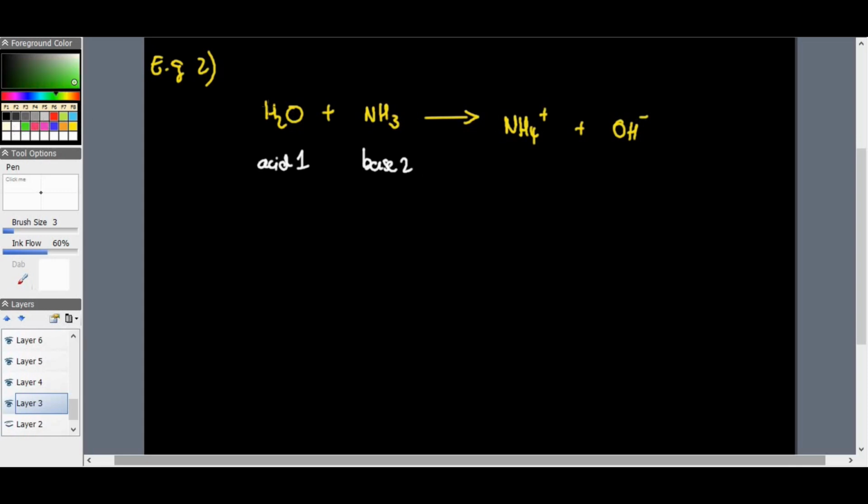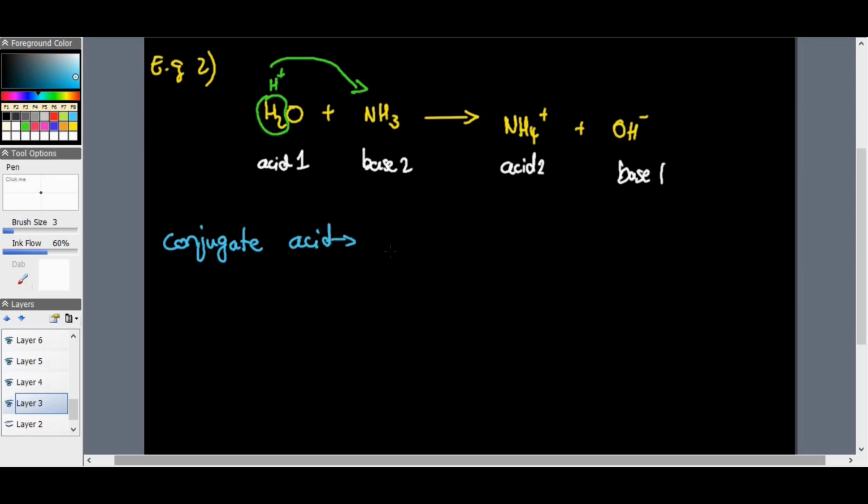Again, one proton here was given over to the base. As a result of the base gaining a proton, we've got acid number 2. And as a result of the acid losing the proton, it becomes a conjugate base. So the term again is conjugate acid.